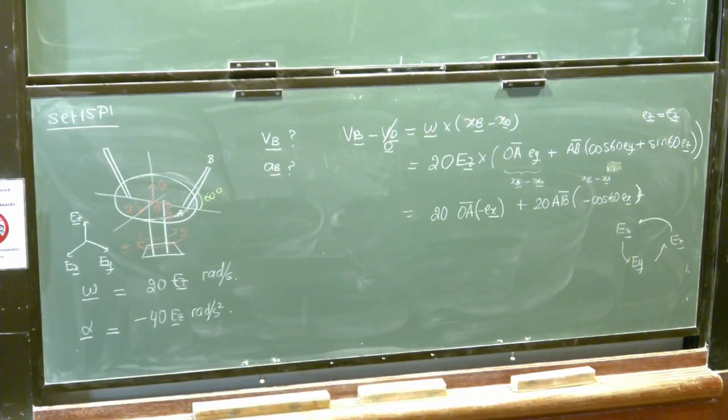Okay, how many rigid bodies do I have here? 4. What are they? The 2 bars, OA, OB, and then the 2 claws. Okay? So then, how many separate rigid bodies? 4, and each of these rigid bodies is going to have a different angular velocity, right?